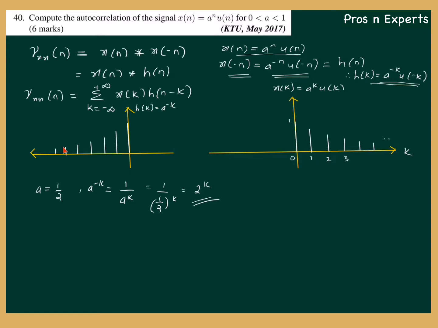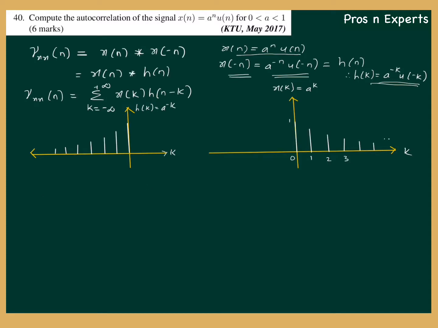Here also I don't need to write u of k any further, because the signal has been truncated. And u of minus k is not needed because the signal in its positive k half is being truncated. So this is h of k equal to a raised to minus k.